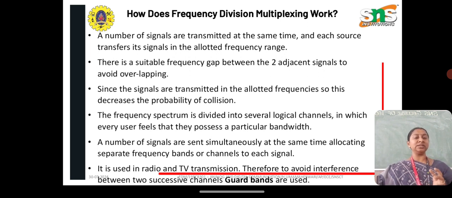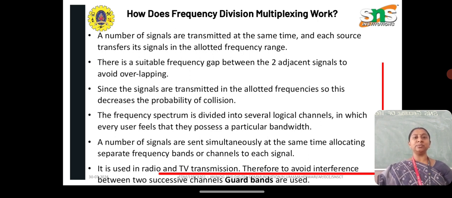How does this frequency division multiplexing work will be seen now. A number of signals are transmitted at the same time and each source transfers its signals in the allotted frequency range. There is a suitable frequency gap between two adjacent signals to avoid overlapping. Since the signals are transmitted in the allotted frequencies, this decreases the probability of collision.